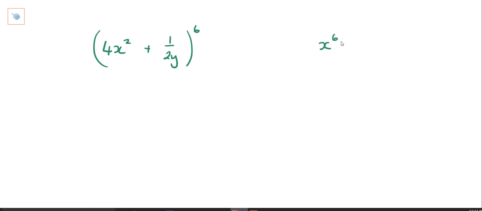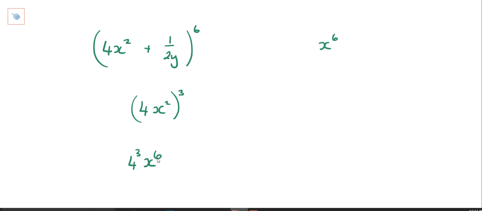How would I go about doing it? Okay, so I would start with 4x squared. Well, that needs to give me an x to the power of 6. So the way to do that is to cube it. Because if I expand that bit, I will get 4 cubed x to the power of 6, which is what I want.